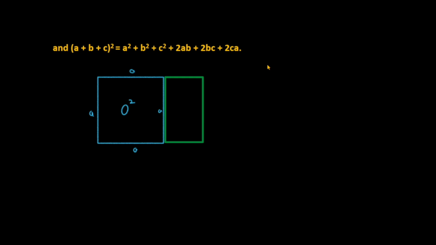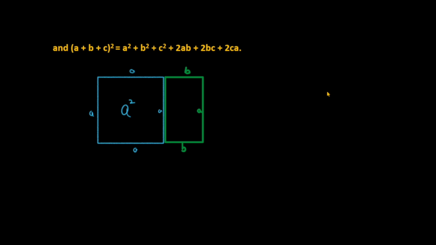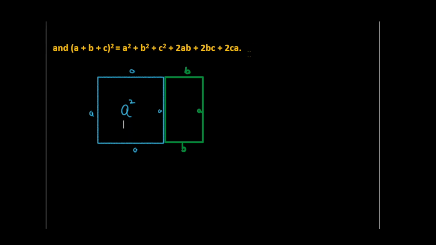We are going to take a rectangle of length A and breadth B. Length A, because we are keeping it beside A squared, so the same side length and different breadth. So the occupied area here is AB.